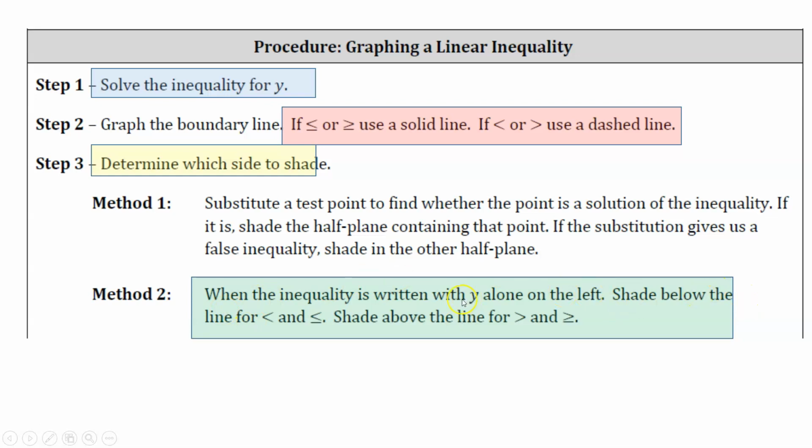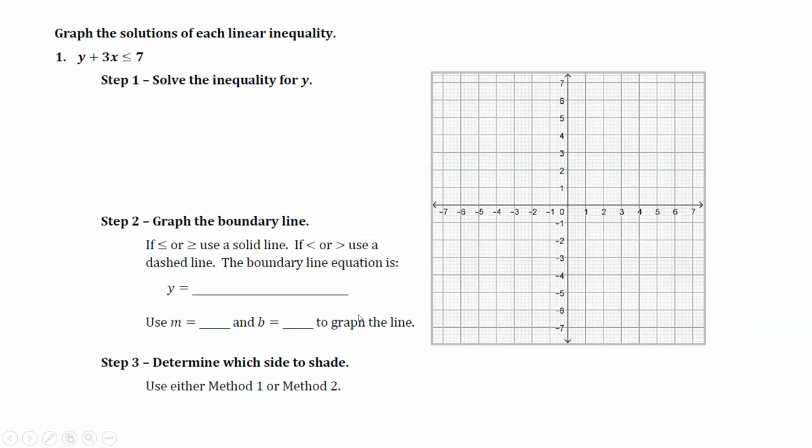Again, because we are going to solve for y, we will shade below the line if it's a less than symbol, and above the line if it's a greater than symbol. You could use method 1, which is what we were using before, but we'll be using method 2 mostly in this packet. So first things first, for number 1, let's write down our inequality right here.